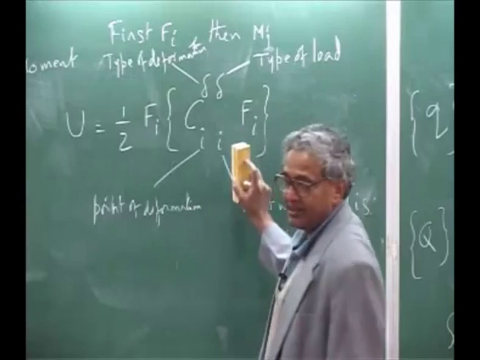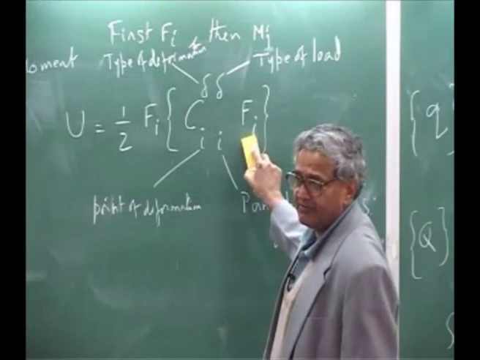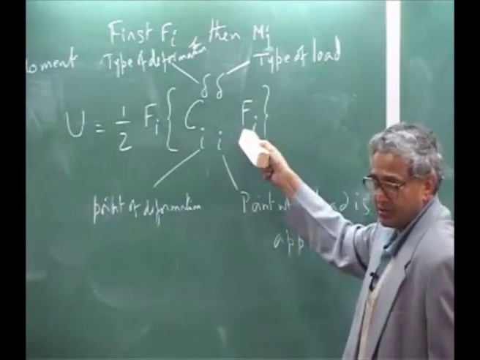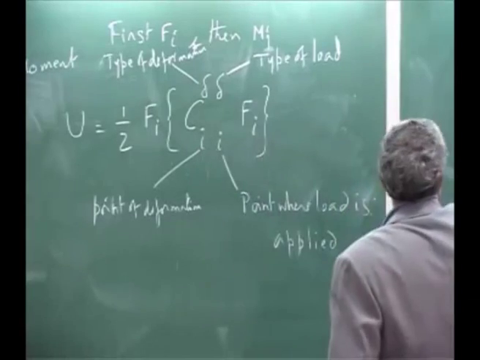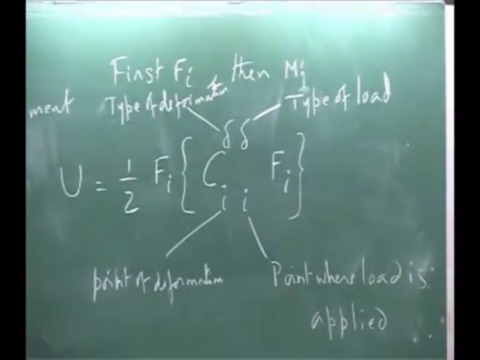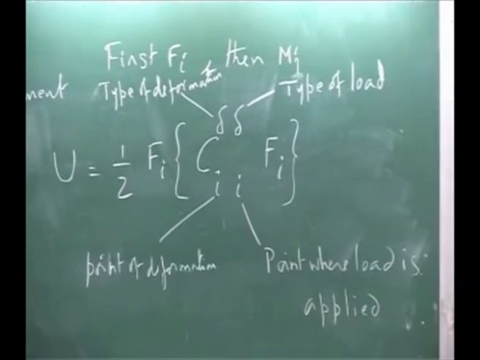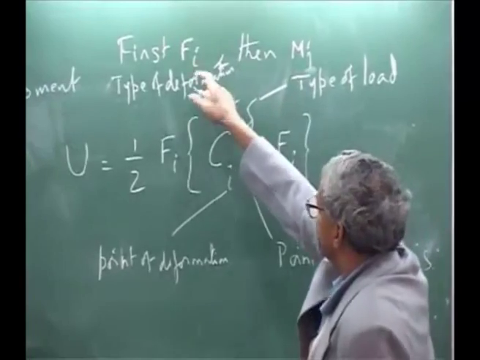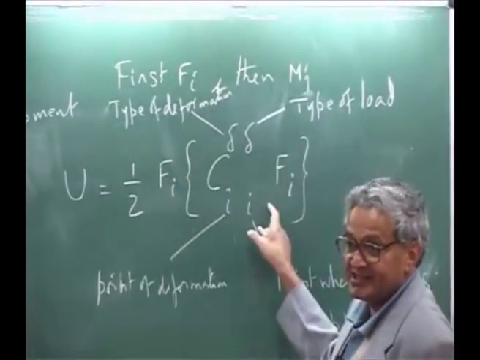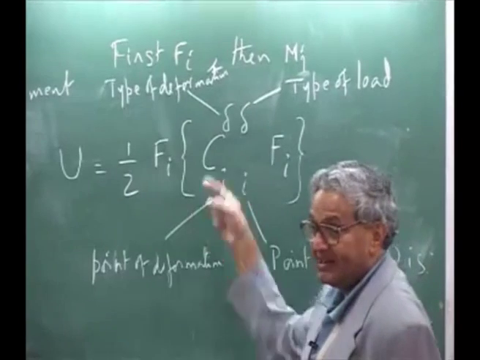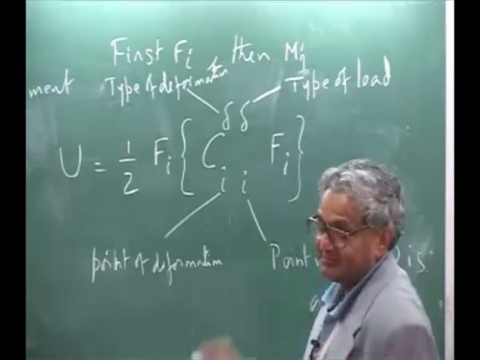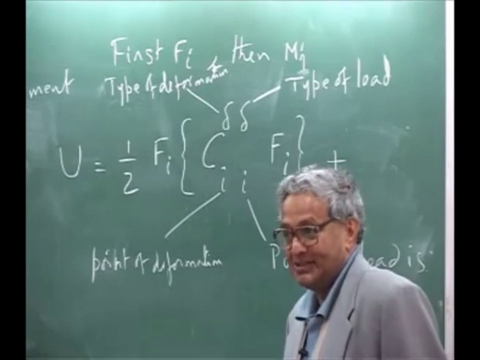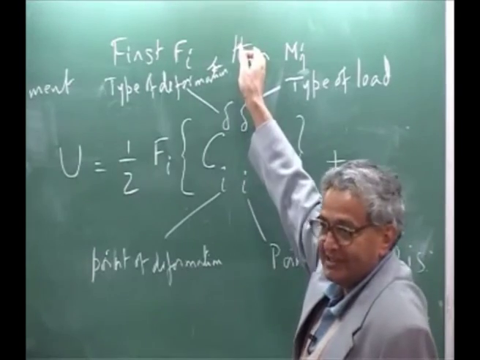This is first the energy due to only applying load Fi, the strain energy it stores. Then I am applying Mj, so I have to add the energy due to the load Mj.